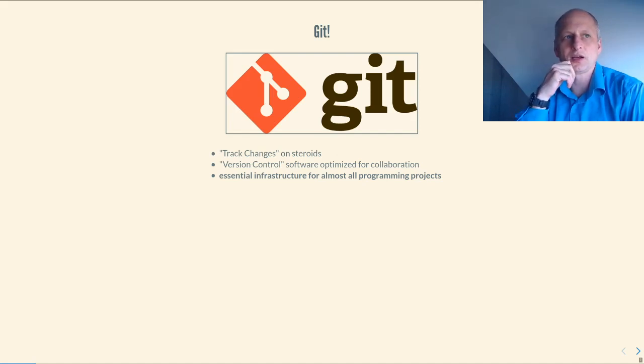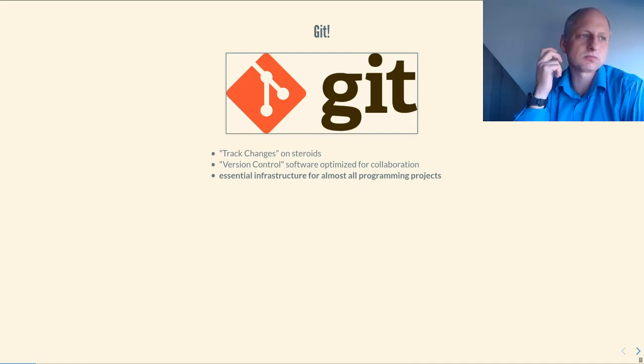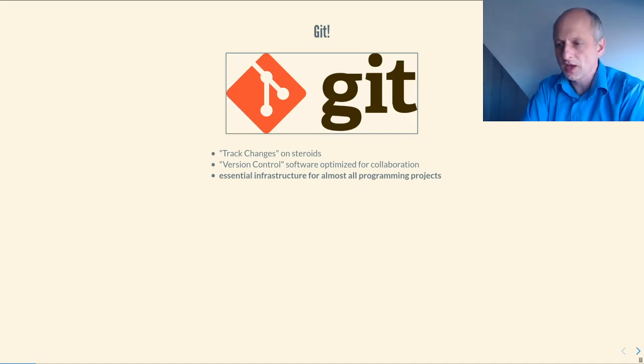It belongs to a class of software programs called version control software, but it is by far the best of these programs and the most widely used by an enormous magnitude. Git is essential infrastructure for basically any programming project of any significance.